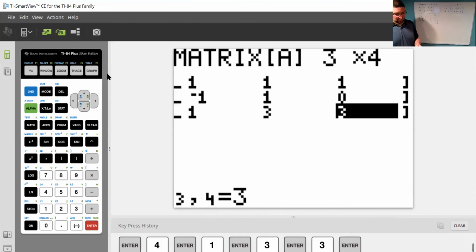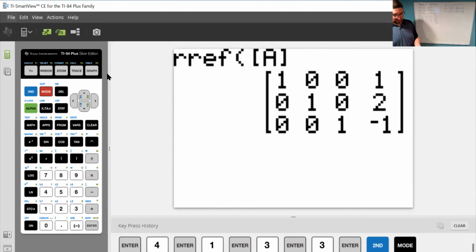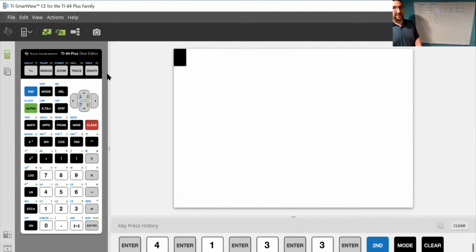Okay, we quit back to our home screen, and then we clear it.